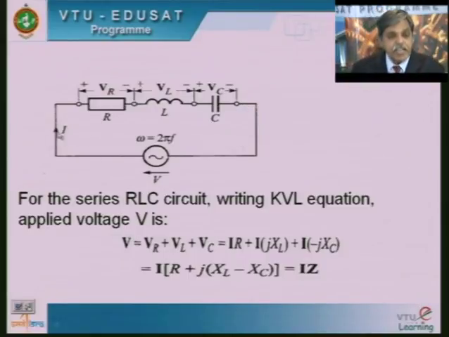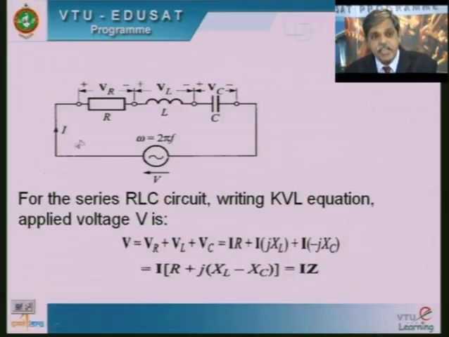Taking current as common, the voltage drop VR will be in phase with the current, and the voltage drop VL will be leading the current by 90 degrees. Because it is an inductive circuit, the current lags behind the voltage by 90 degrees.